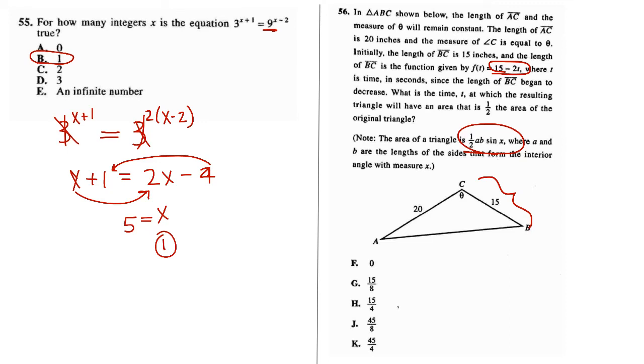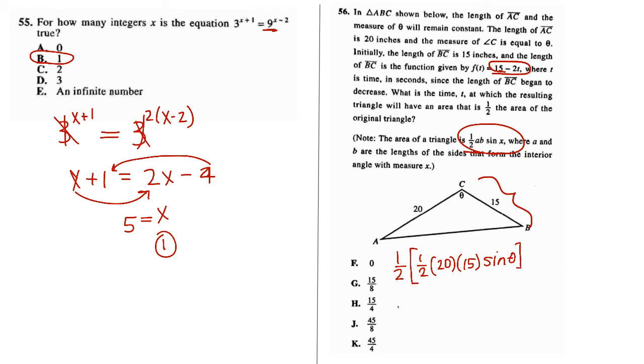Starting out, we want half of the original area, so that's 1/2 of 1/2, and I'm just plugging into that given area formula times sine of theta.